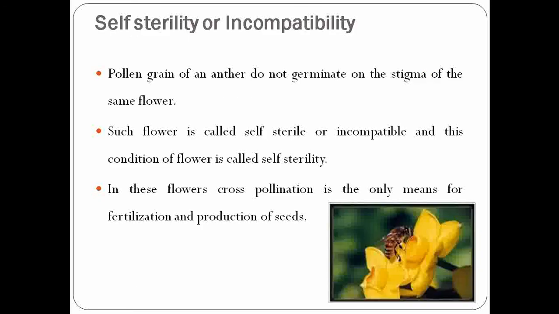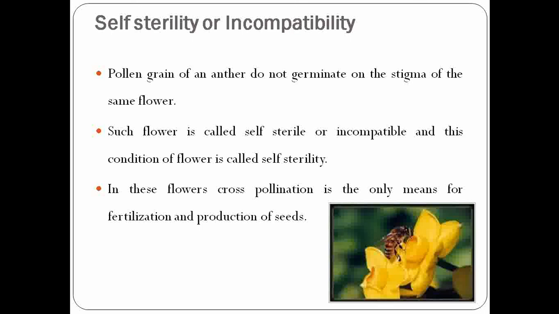Then the next important condition by which cross pollination can take place is self sterility or self incompatibility. So what is self sterility or self incompatibility? It means the anthers are unable to fertilize their own stigma. If we consider a single bisexual flower, whenever the anthers of the same flower fall on the same stigma, there is no fertilization.